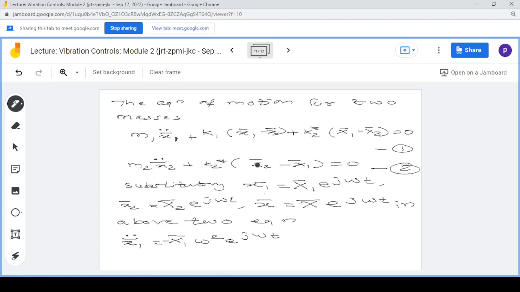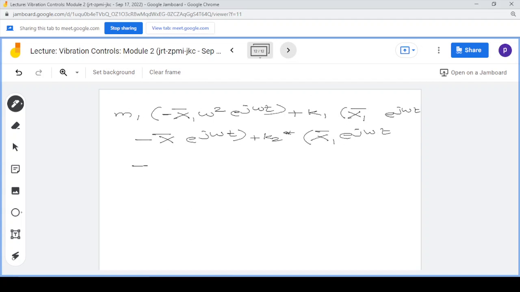So this minus x2 bar will get replaced by this, so we will have minus x2 bar e raised to j omega t equals 0.